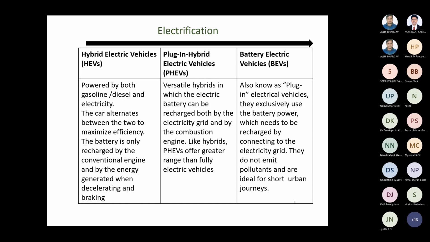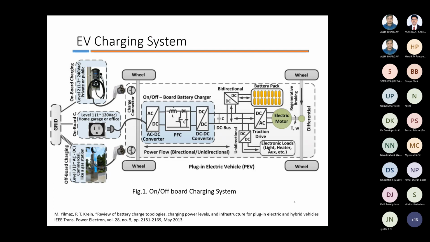These do not emit pollutants, and they are ideal for short urban journeys. But plug-in hybrid electric vehicles offer greater range than fully electric vehicles. So in order to improve battery electric vehicle usage, we need to make charging systems available everywhere. This will be our EV charging system.